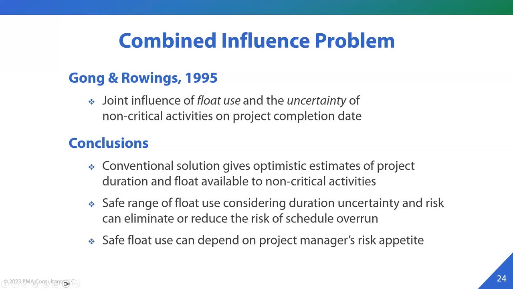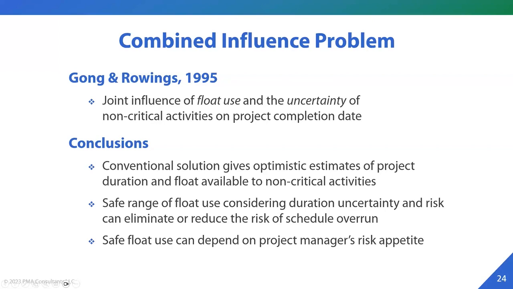So they give out a conventional solution which gives optimistic estimates of the project duration and the float available. And they give you a safe range of float use, which takes into consideration the uncertainty and risk in your schedule in order to avoid any schedule overrun.